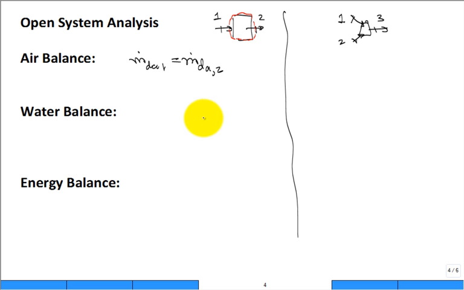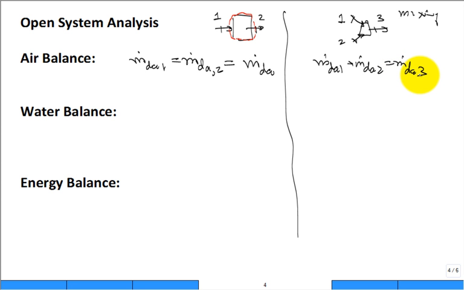When you have a single inlet, single outlet, you can just dispense with it, just call it the mass flow rate of the dry air. It's the same through the system. How about if I have this mixing? Well, then you have the mass flow rate of dry air at 1 plus the mass flow rate of the dry air at 2 equal to the mass flow rate of the dry air at 3. All right. That's pretty straightforward.